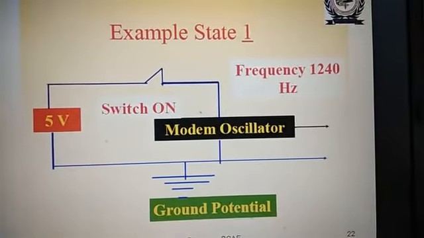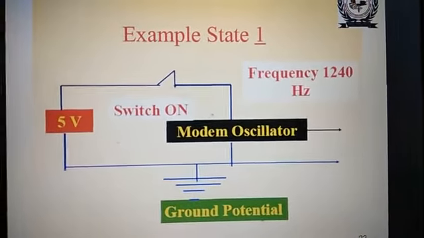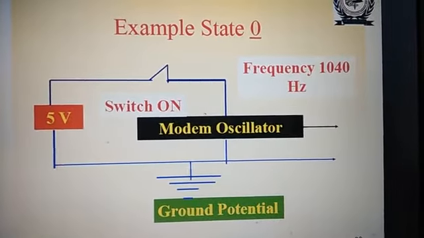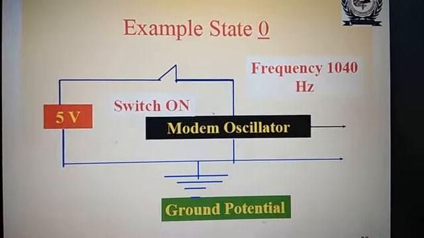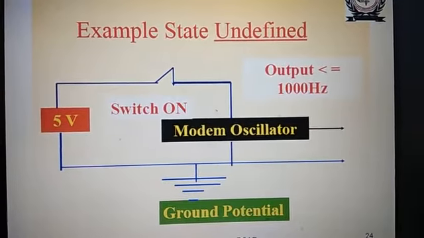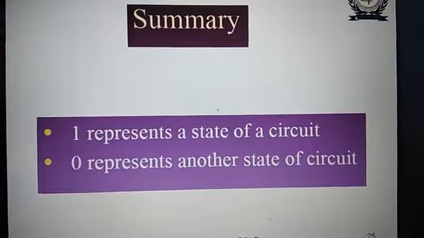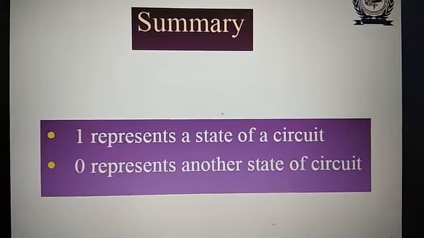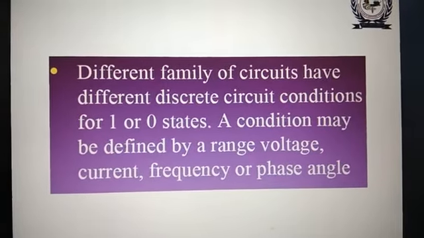And this is an undefined example of state 1 in terms of frequency. It is an example of state 0 in terms of frequency, and this is undefined frequencies, right? So 1 represents one state of the circuit, 0 represents another state of the circuit.